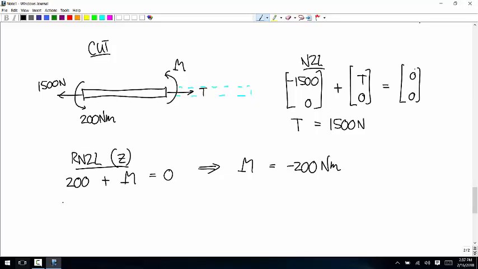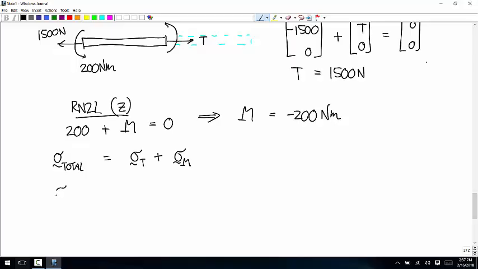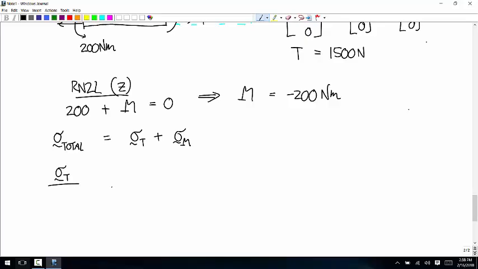Okay, so the total stress tensor is the stress tensor due to tension compression plus the stress tensor due to bending moment. The other two would come out to be 0, otherwise we'd have to include those in there. And so for the stress tensor due to tension compression, sigma xx is equal to the internal tension divided by the cross-sectional area.